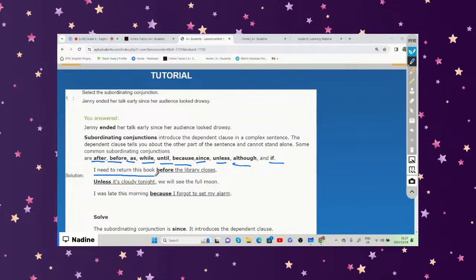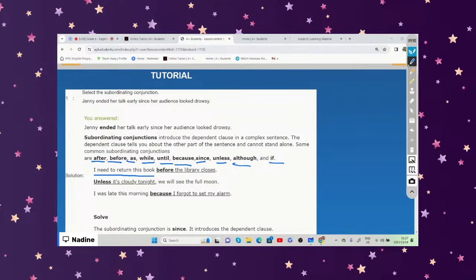And then the underlined clause, unless it's cloudy tonight, does not sound like a proper sentence, right?